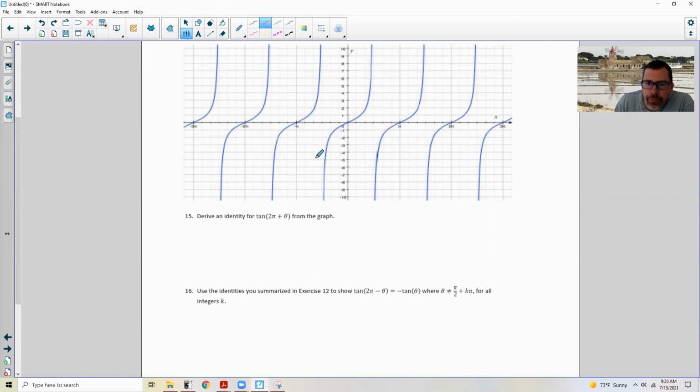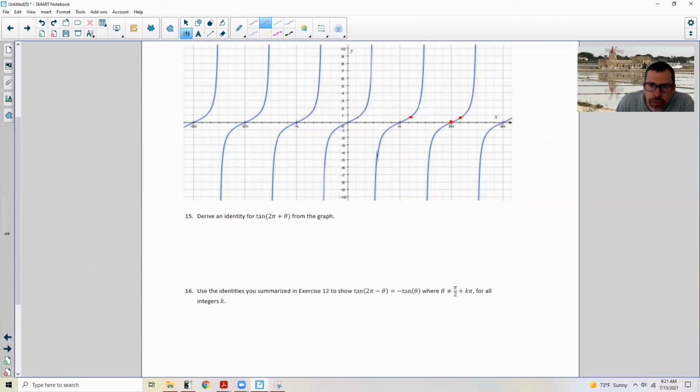Well, if theta is 0, then we'd be right here. So if we just went to the right a little bit, and let's just say theta was right here, that's 2 pi plus theta. If we shift over to here, it would end up right here.